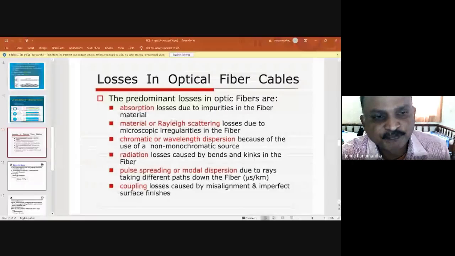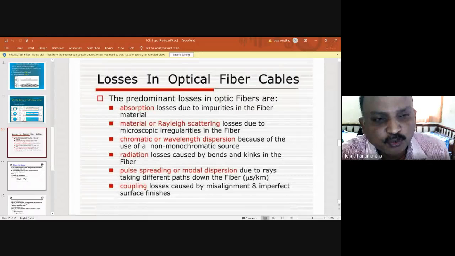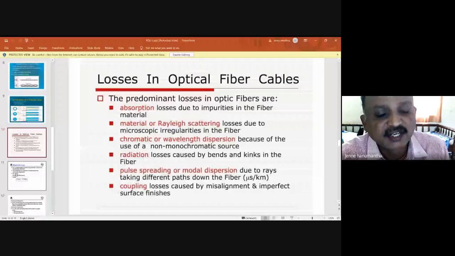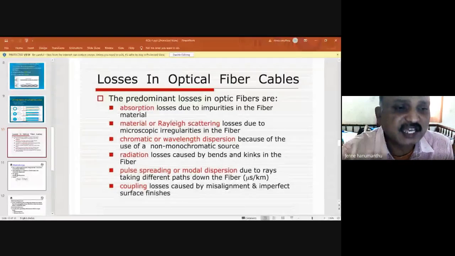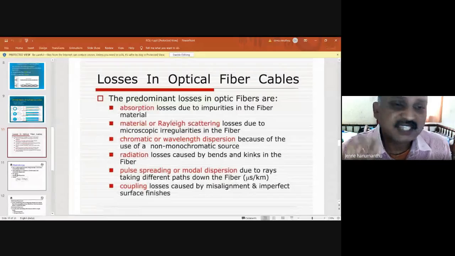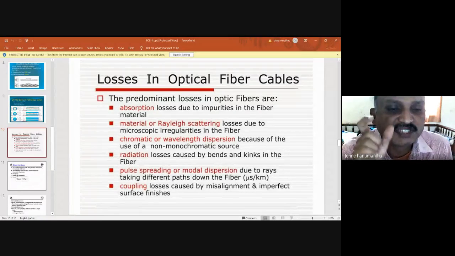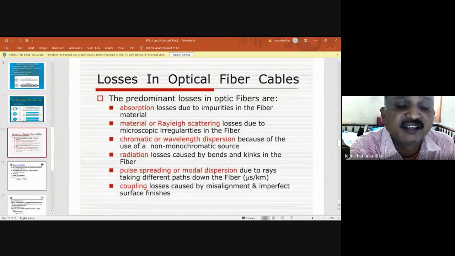When the light is propagating through the core like pulses, at the end of the fiber, which means at the receiver side, sometimes you cannot receive the same light pulse, meaning the same duration and the same width of pulse.